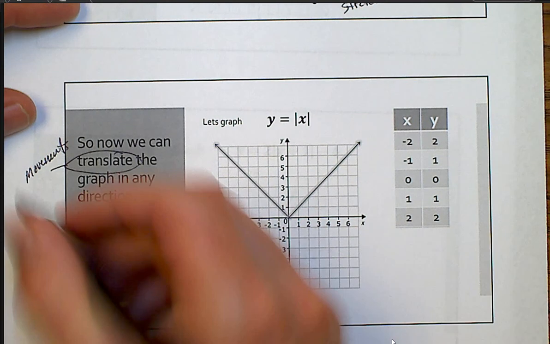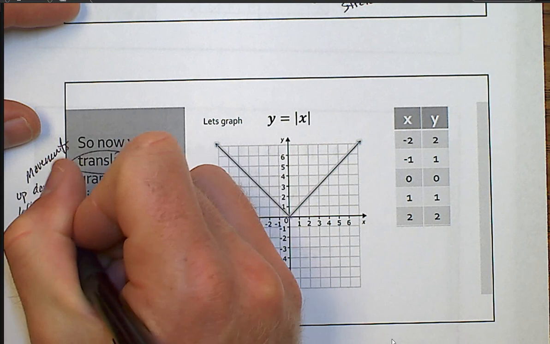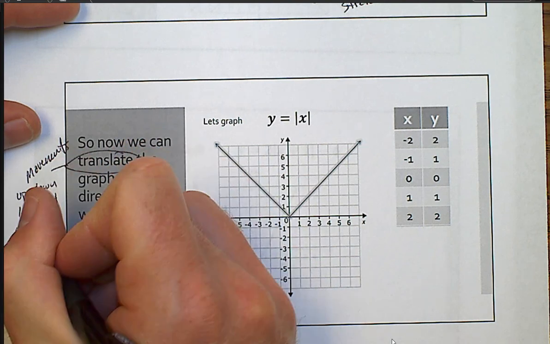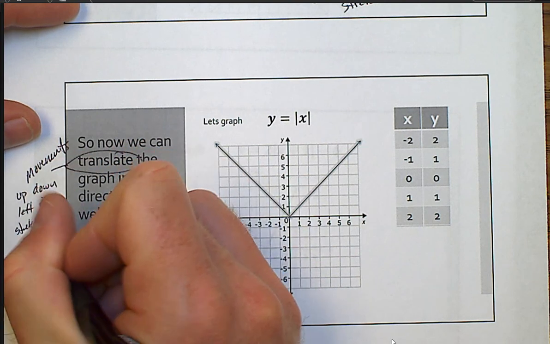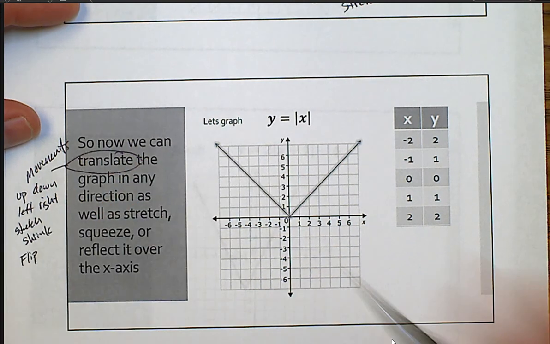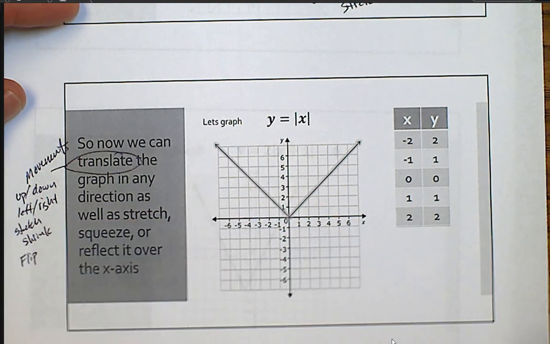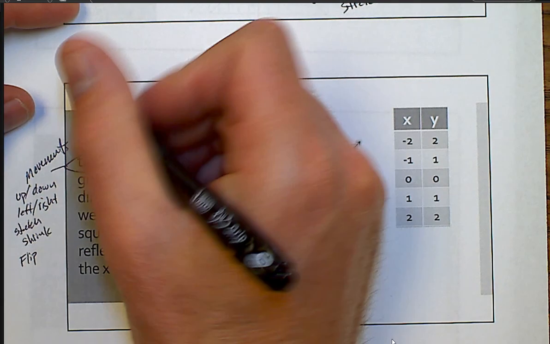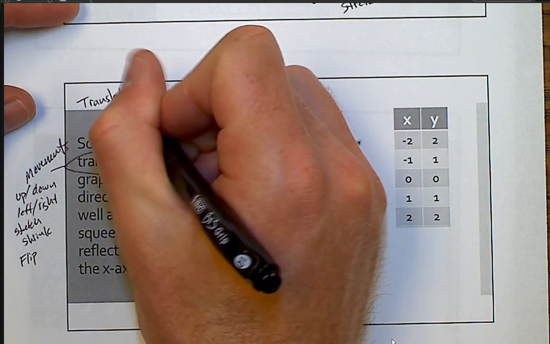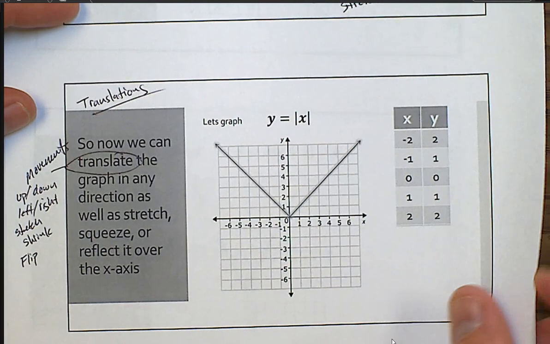That's up, down, left, right, okay, stretch, shrink, and flip. All right? Those are all the different movements, up and down, left and right, stretch and shrink, and flip. Those are all the translations, which sometimes we refer to as translations or translate. Those are movements of a graph. That's what that means. Okay?